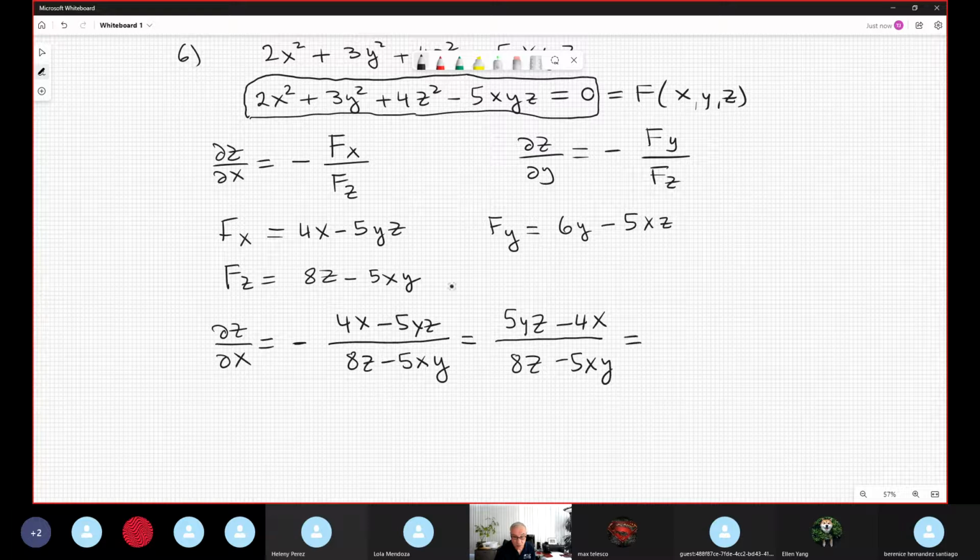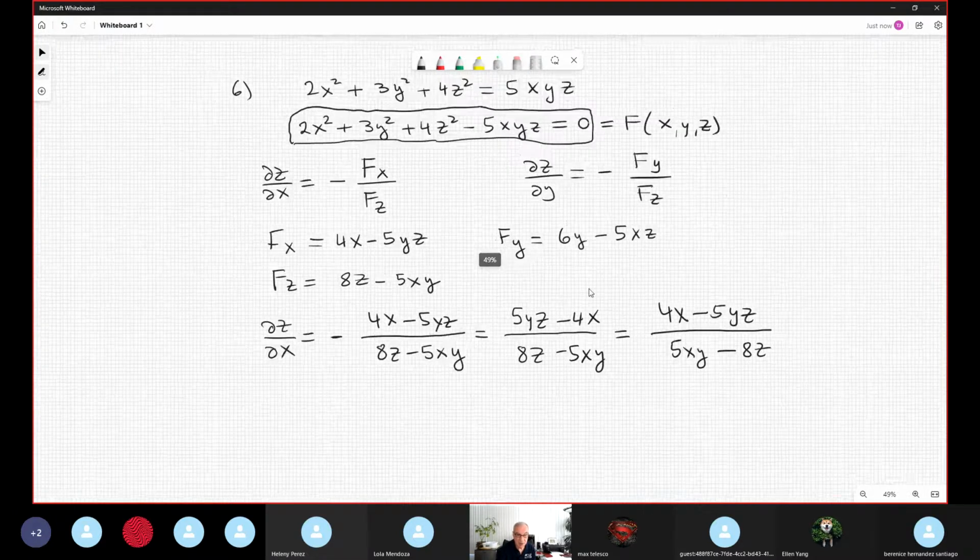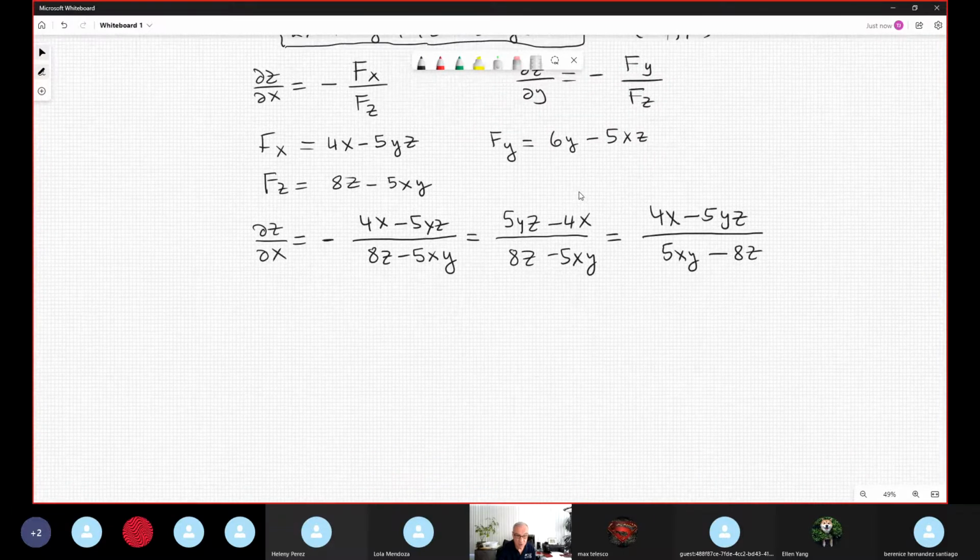Or you suppose that this negative in the front goes in the bottom. So it's 4x minus 5yz divided by, in this case, I change the sign, 5xy minus 8z. Either way, this is algebraically equivalent. No calculus, it is just elementary algebra, and that's it.